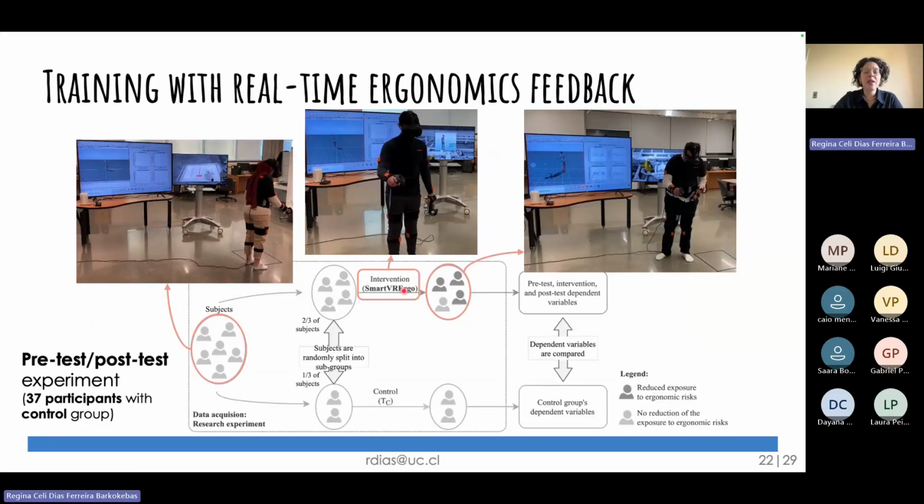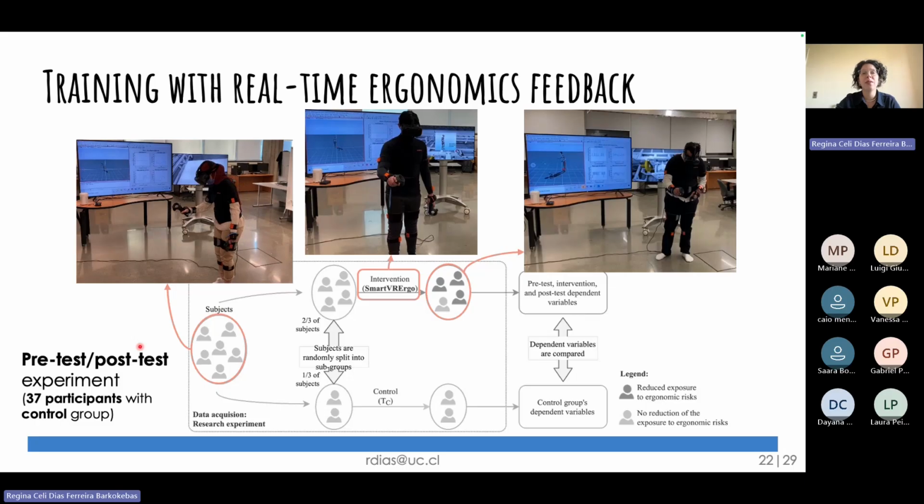So in this case study, in this experiment, I used a pre-test, post-test research design, because I wanted to verify the impact of my intervention. My intervention means that I'm providing ergonomics training to workers while they are also receiving operational training. I did that with 37 participants, and I had a control group.